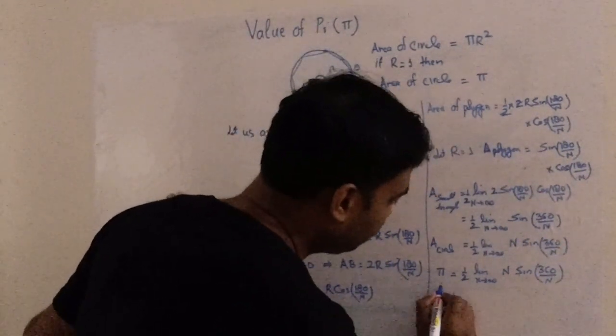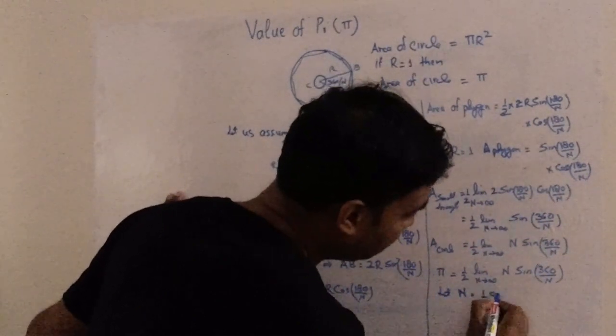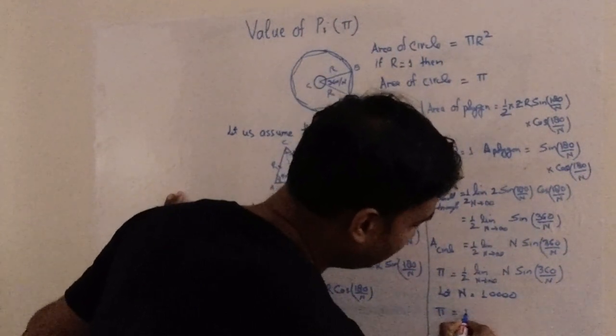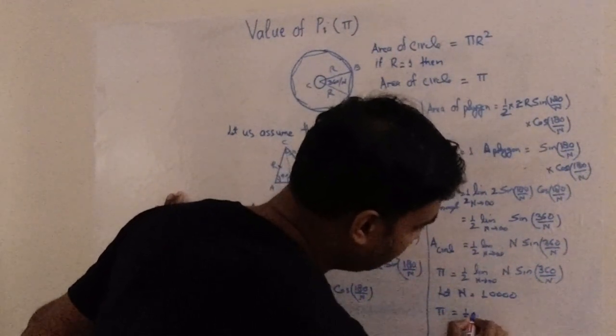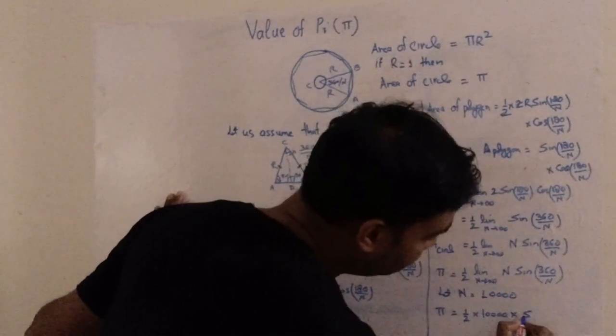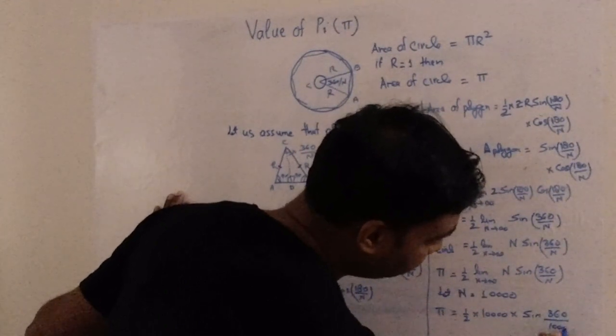So let n is equal to 10,000. So pi will be equal to 1 by 2 into 10,000 into sine of 360 over 10,000, these are in degrees.